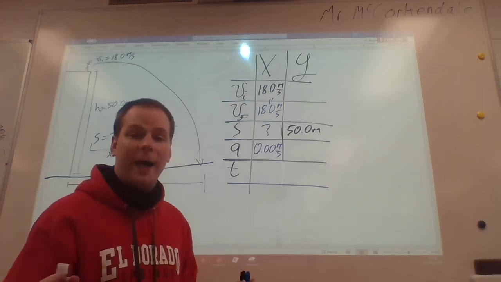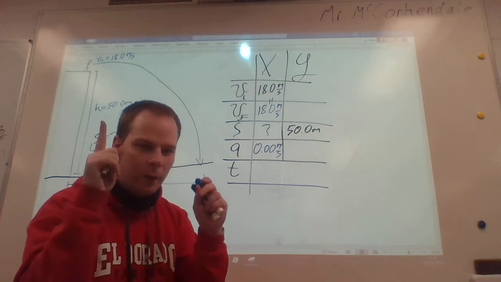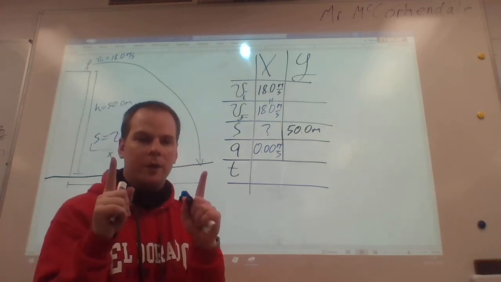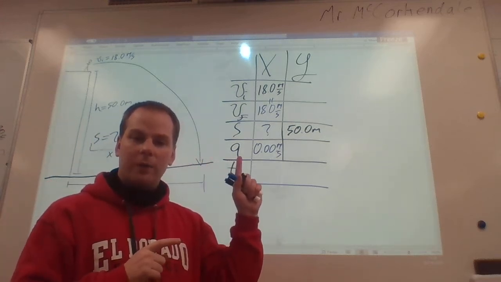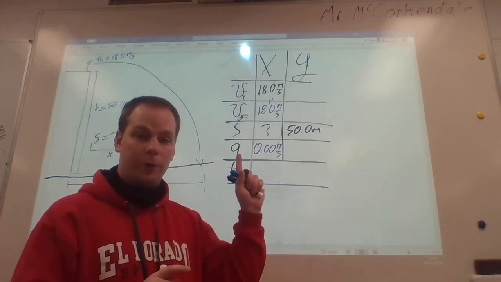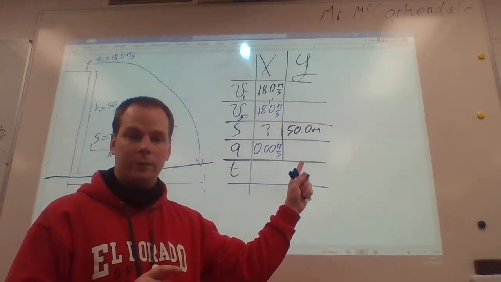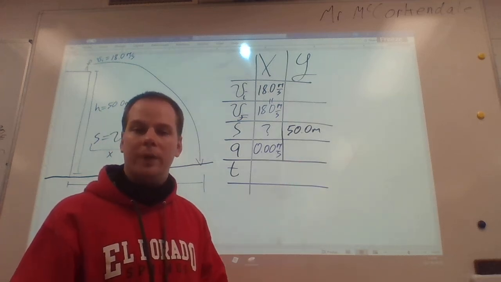So let's look at y. Uh-oh, we only know one thing in y. That's even less than we knew in x. Well, hang on, let's take another look at this. We said that the acceleration in x for a projectile always has to be 0. But what about the acceleration in y for a projectile? Well, that always has to be 9.8 downward.